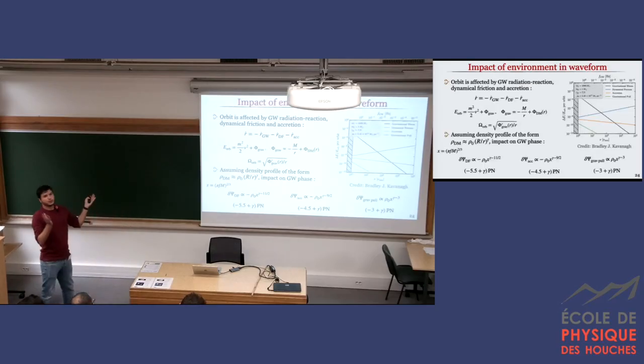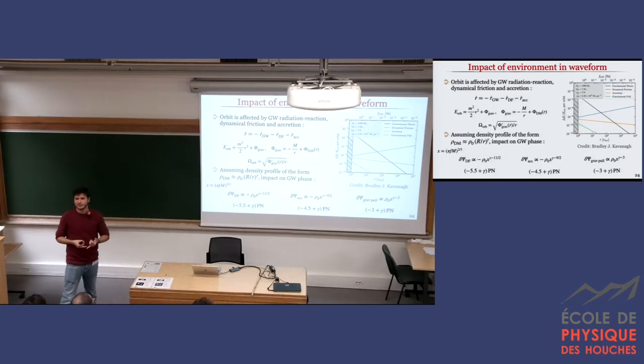Okay, now if you put all of this together, if you compute all of the orbits affected by the radiation reaction due to gravitational waves, plus dynamical friction, plus accretion, and you can also include the fact that your dark matter profile, for example, has some potential, right, has some self-gravity, so you can include it to be completely correct.